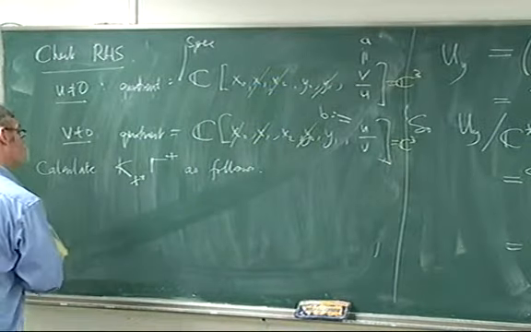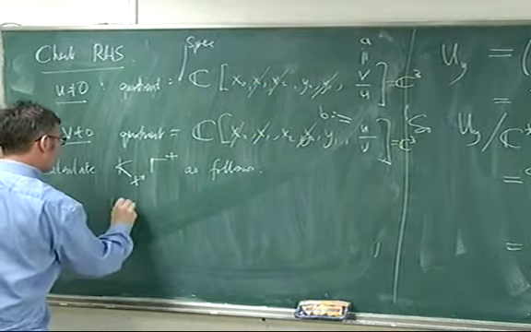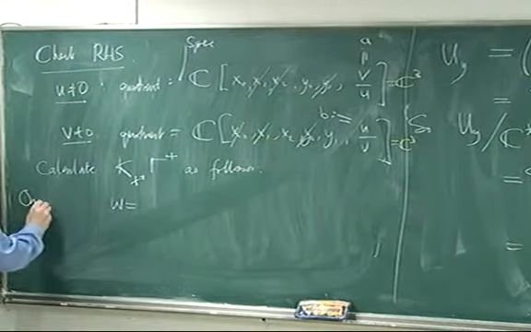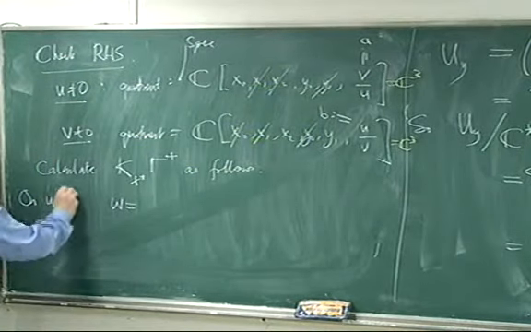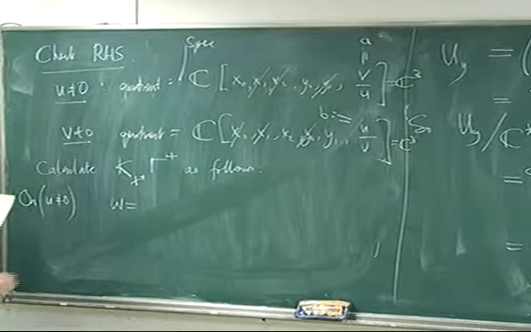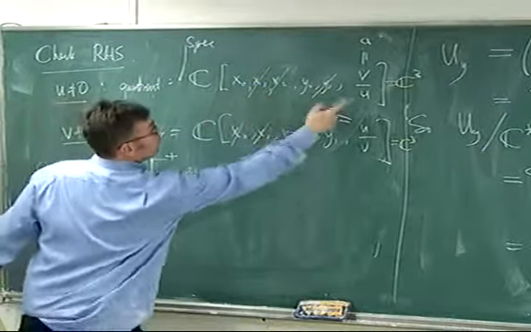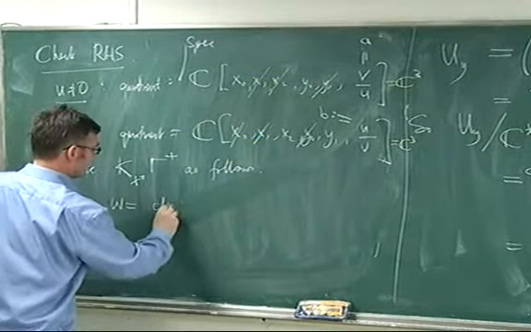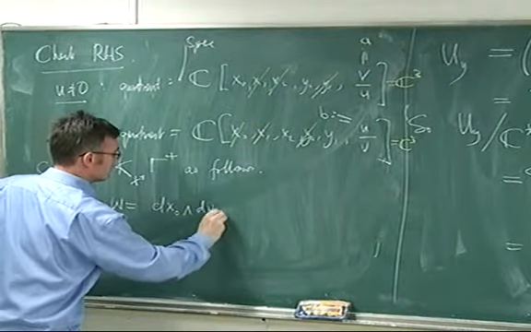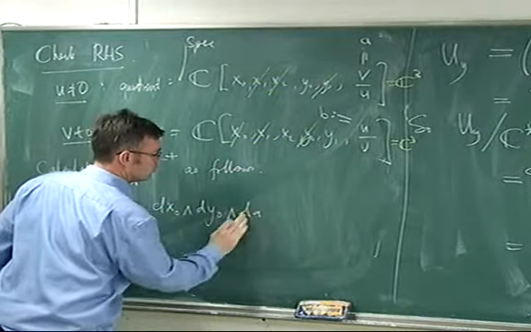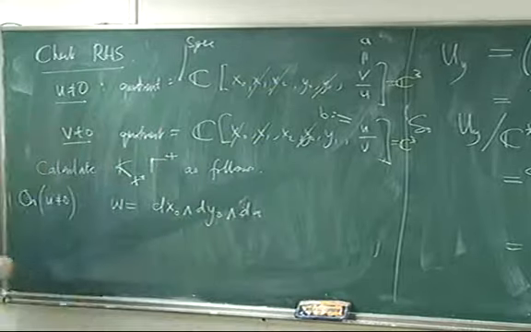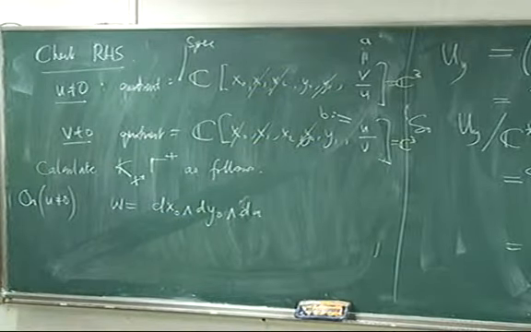And so I'm going to write a differential form. On the affine patch where u is non-zero, I'm in C3 with these three variables, so I can just write dx0 wedge dy0 wedge dA. That's a regular differential form.